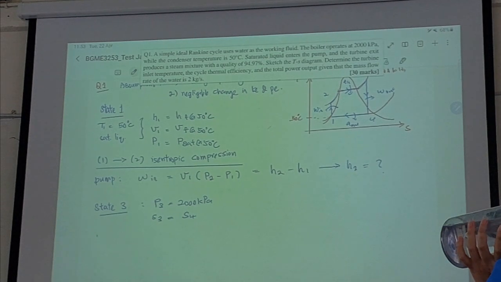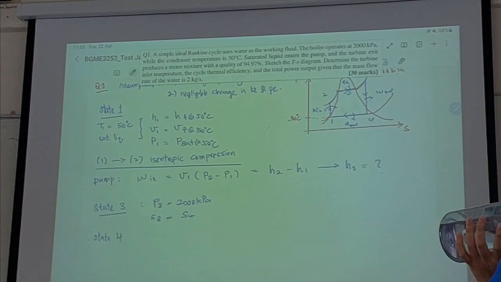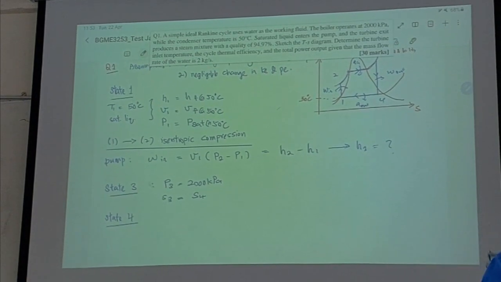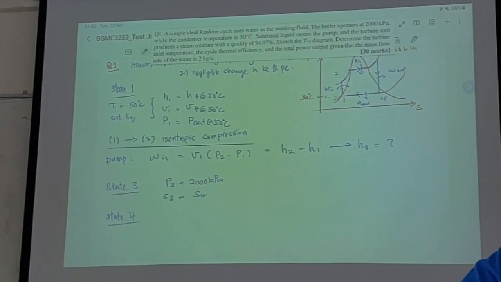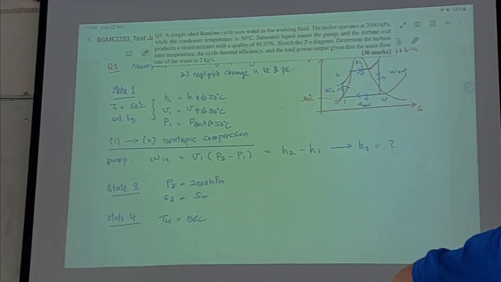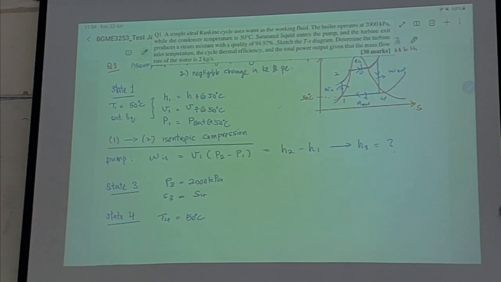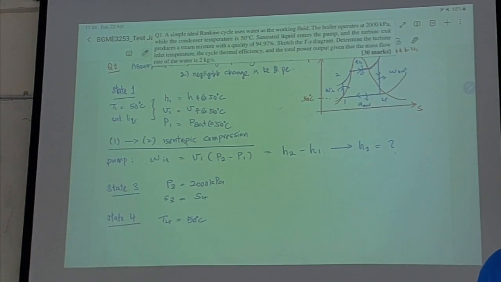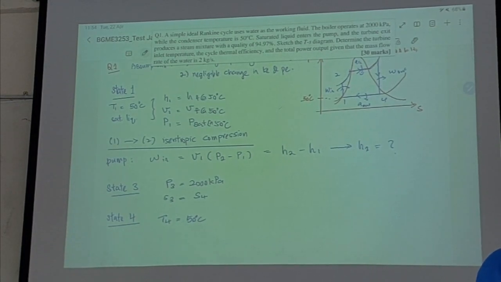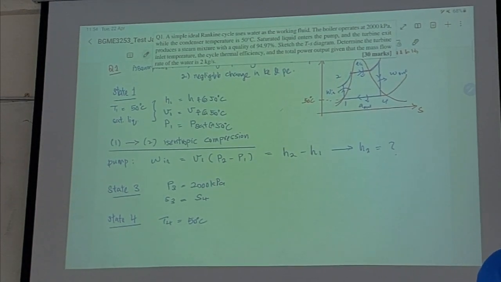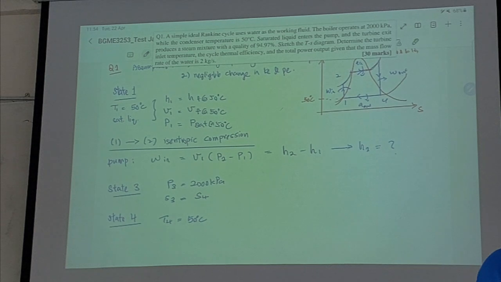So we move to state 4. So state 4, we can find something. Because at state 4, we know that T4 is 50 degrees Celsius. You can use T4 equals T1, but that only holds unless state 4 is in superheated state.